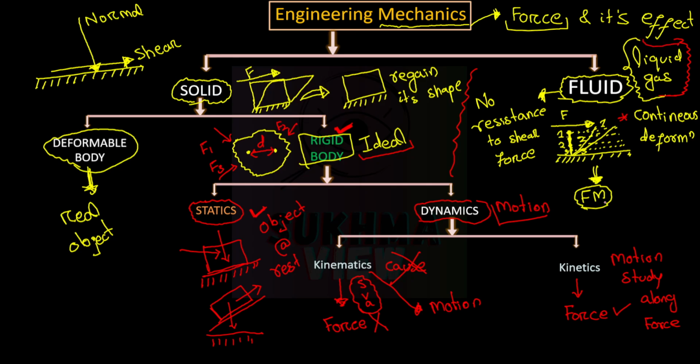This subject is known as fluid mechanics. Solid mechanics applied to real bodies is known as strength of materials, or mechanics of solids. These are the names of the subjects, same thing. The subject we are going to deal with is rigid body mechanics.